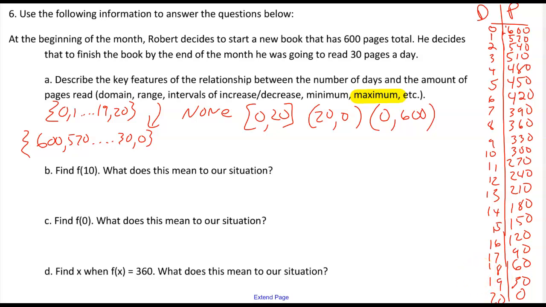Alright, next what we want to do is understand what this means in context. So you're going to have at f of 10, that means x is 10. You go to 10, what do you have? You have 300 pages to read.